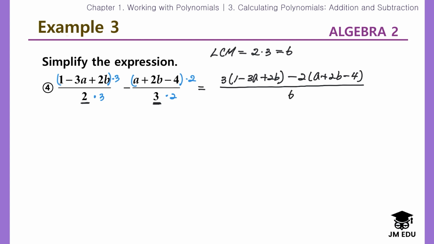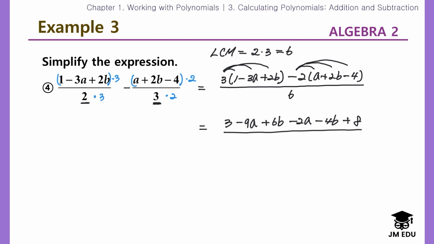Okay, so that is equal to 3 times 1, that's a 3. 3 times minus 3a, that's minus 9a. 3 times plus 2b, that's plus 6b. Minus 2 times a, minus 2a. Minus 2 times 2b, minus 4b. Minus 2 times minus 4, that's plus 8.